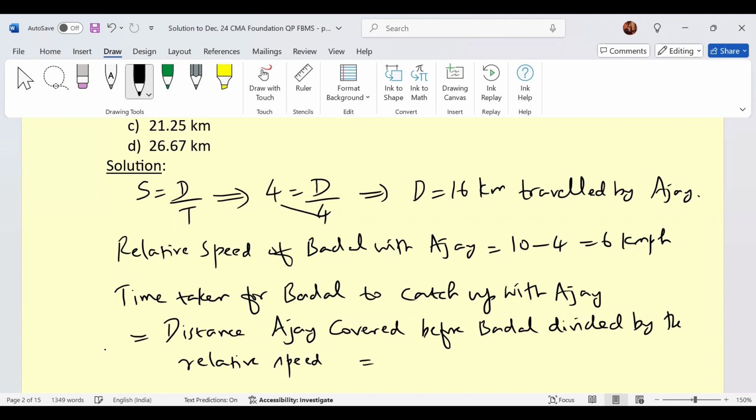So that will be 16 divided by 6, which we can write as 8 by 3 hours.